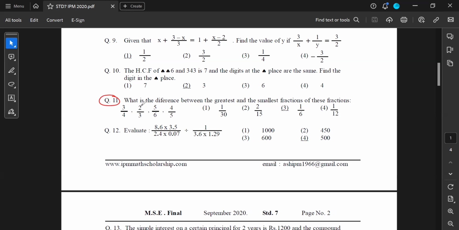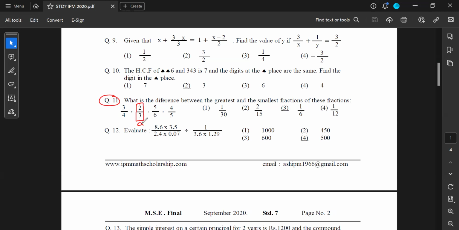Since the separation between the numerator and denominator is the same for all the numbers, you can do one thing. Whichever fraction is using the smallest number, that fraction will be the greatest fraction. Oh, sorry, my mistake.